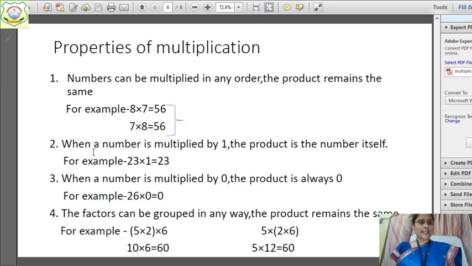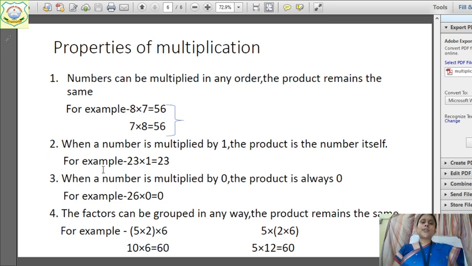Let's see our second property. When a number is multiplied by 1, the product is the number itself. For example, 23 into 1 is equal to 23. So when we multiply any number with 1, the answer is the same number. There is no change in the answer. You can take any example.